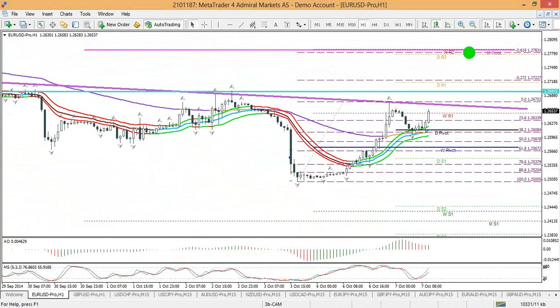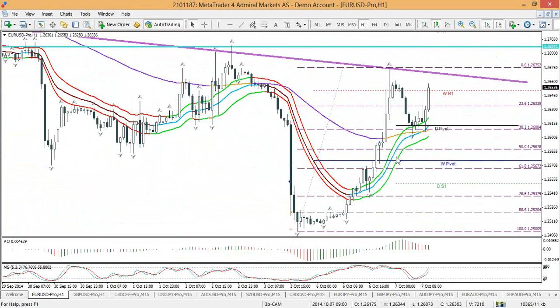So primary target for today would be the daily R2, the monthly pivot point, the weekly R2, and the minus 618 confluence at 127.80. But once again, I would be only trading it preferably above 127, and preferably above actually the daily R1 and the minus 272 target in that zone right there. But it is pushing up, so who knows? Indeed, could make that zigzag.